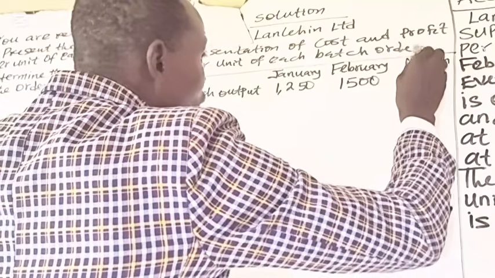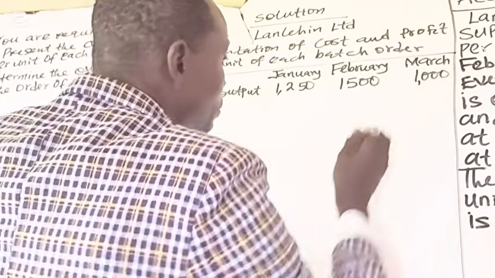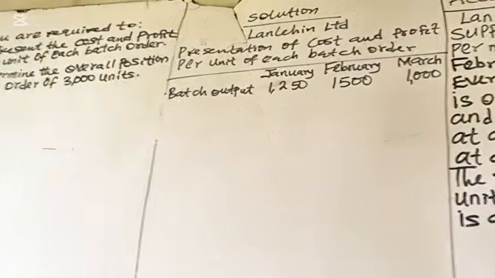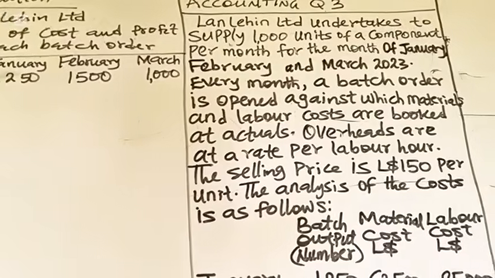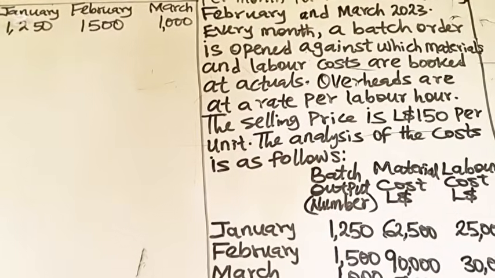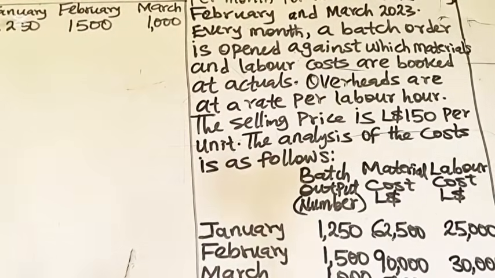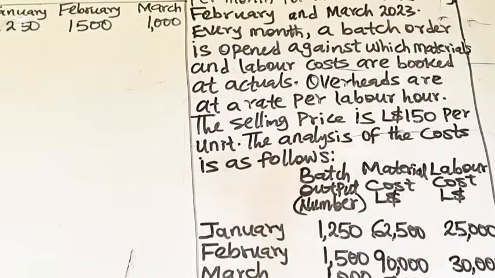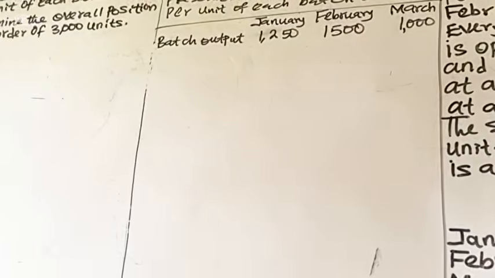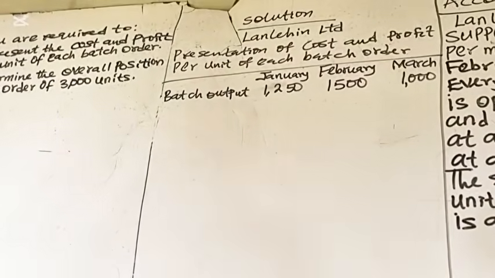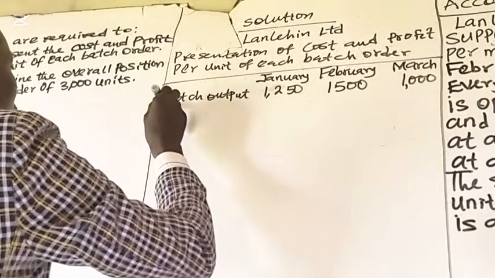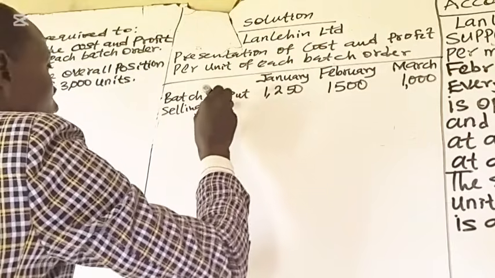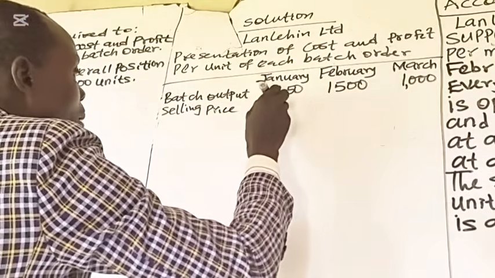And in March, we have 1,000. The selling price is given in the question. And you are given the selling price to be 150 Liberian dollar. The selling price is 150 Liberian dollar per unit.